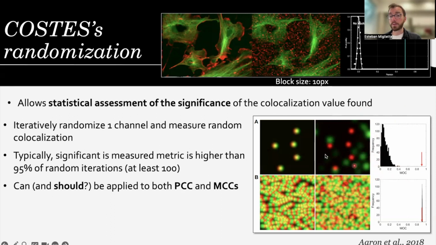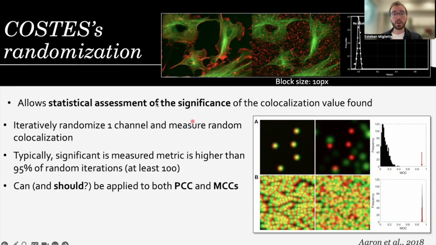If you do that for these two images, you will see that all the colocalization values for the scrambled images are much lower than the actual value of 0.9 that we found before. Whereas in this case, the values for the scrambled images are very closely related to 0.9. So you can say that the value that we found for this is not statistically significant. It's not real. It's just due to random chance.